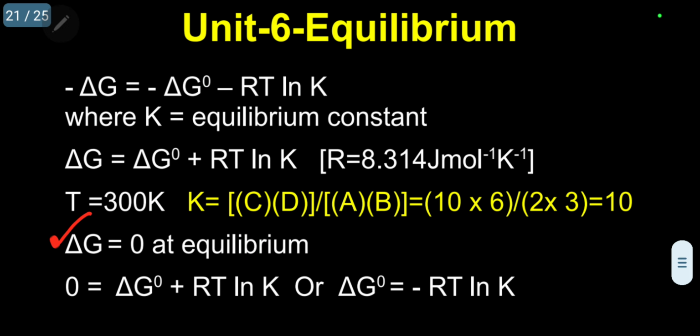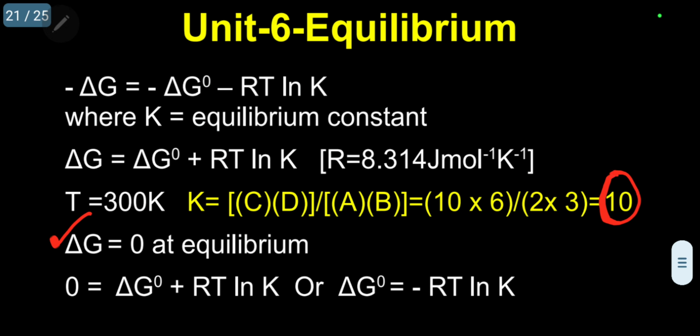So what is K, the equilibrium constant? Products divided by reactants, CD divided by AB. The values are given already: C 10, D 6 mole, A 2 mole and B 3 mole. On calculation, you will get 10 moles. So K equal to 10 moles.